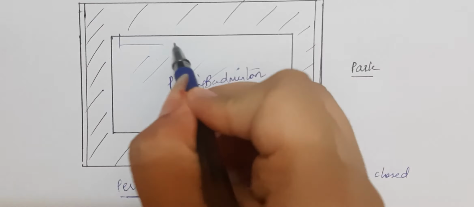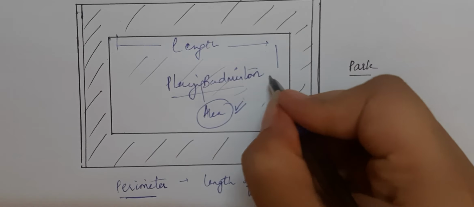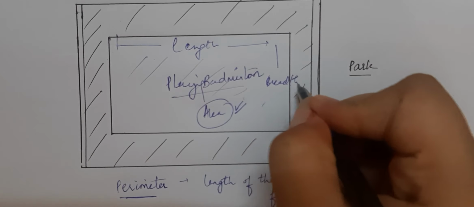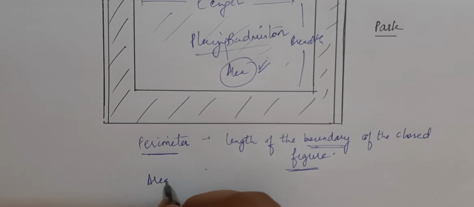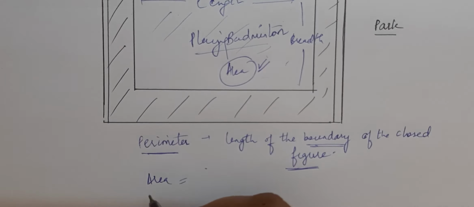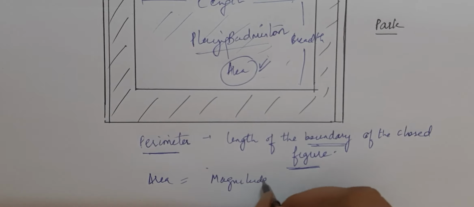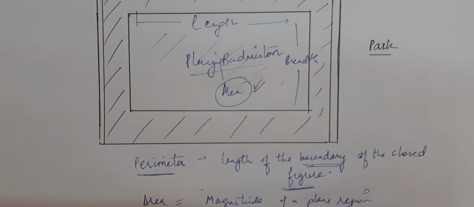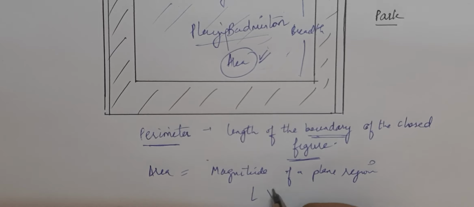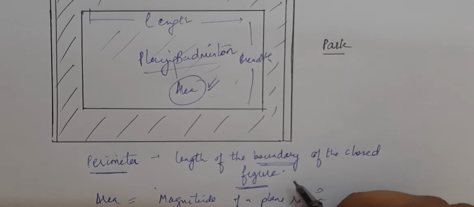So what is the area? This is the length of the park, and this will be the breadth of the park. So the area is the magnitude of a plane region. What will be the area here? Actually the length into breadth. And the perimeter for the rectangle, what will it be?